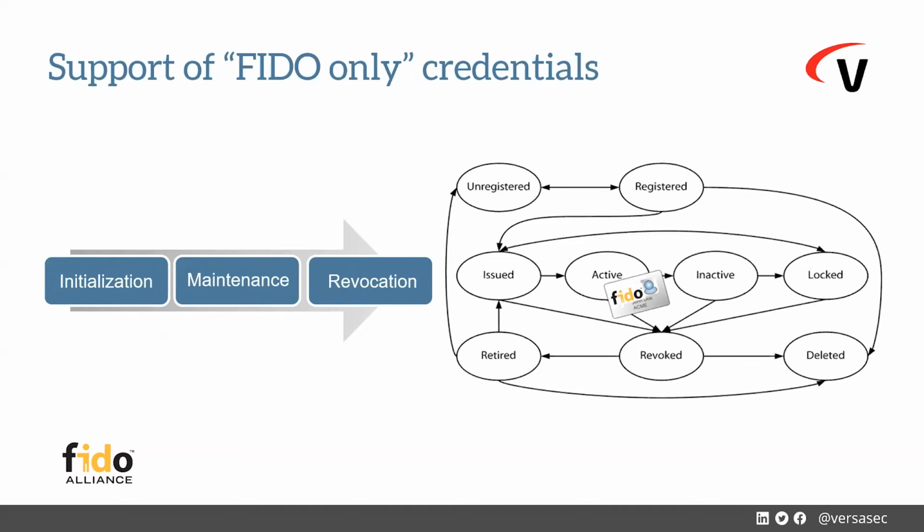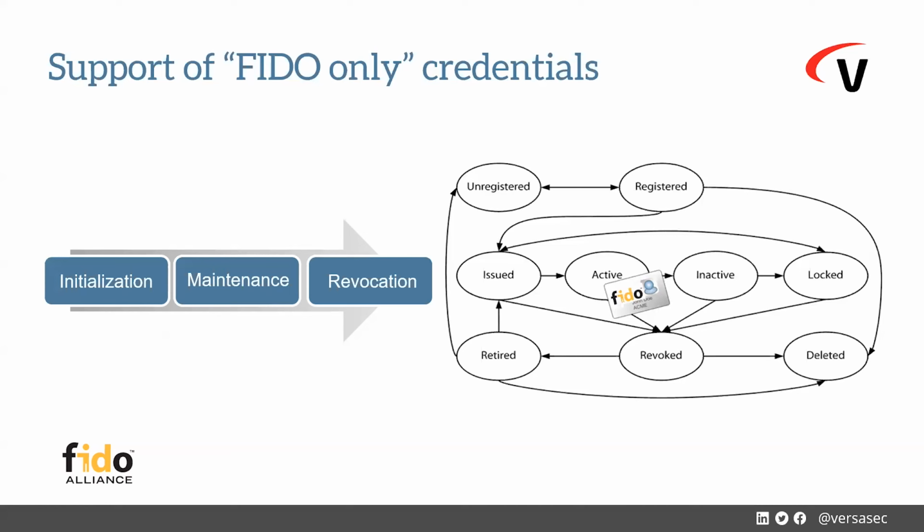To manage this device, it's relatively simple in CMS. We register it in vSEC CMS using its unique ID. Then we can issue the FIDO credentials by generating the private FIDO key pair and then storing this in our database.